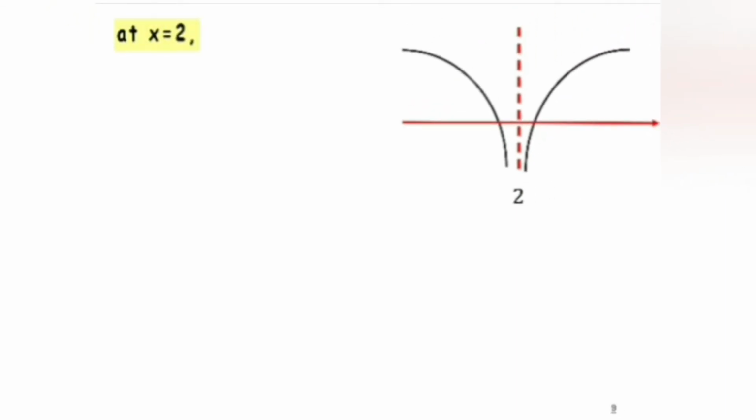Third question, determine whether the function is continuous at x equals 2. Again, we have to check the conditions of continuity. First condition, find f(2). So when x is 2, if you look at the graph here, there's no function here. That means f(2) is undefined.